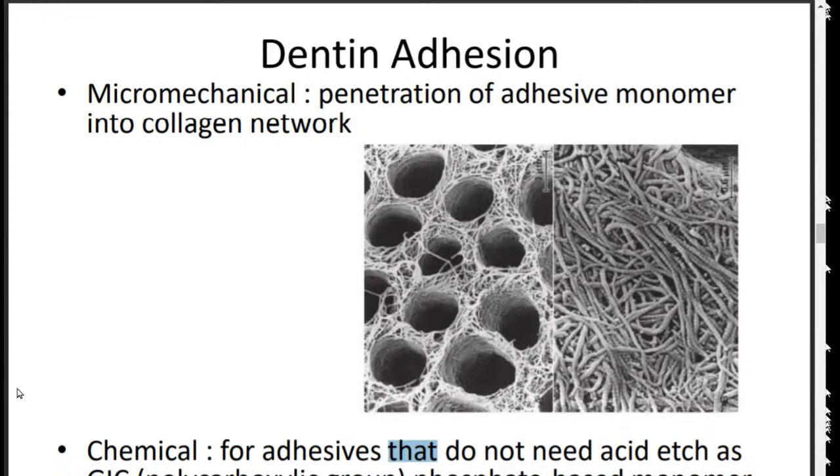such as GIC, polycarboxylate group, and phosphate-based monomer with hydroxyapatite, as we can see in this picture. Very clearly we can see the chemical and the micromechanical dentin adhesion.